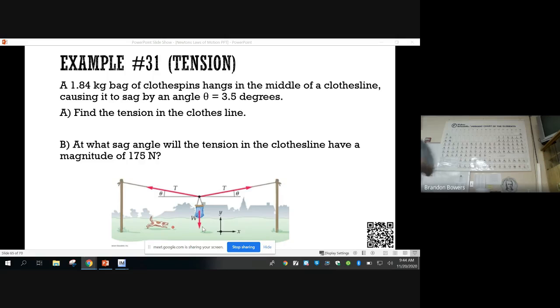Would that just be the entire answer? Find the tension of the clothesline. That would be the first answer. Okay. At what sag angle will the tension of the clothesline have a magnitude of 175?